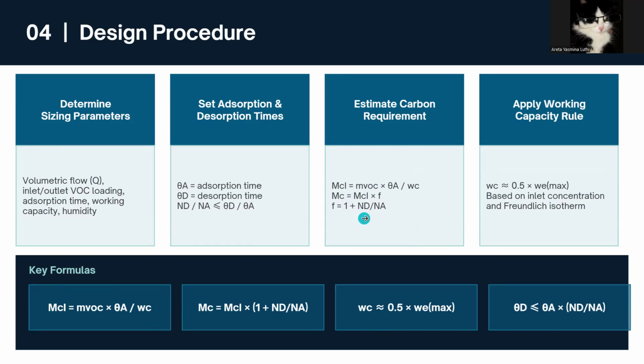And then for the fourth one, we can apply the working capacity rule, which is that the working capacity is estimated at approximately 50% of the maximum, and evaluated at the inlet VOC partial pressure using the Freundlich isotherm.